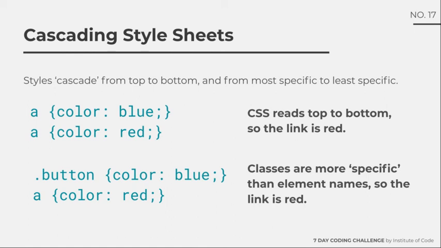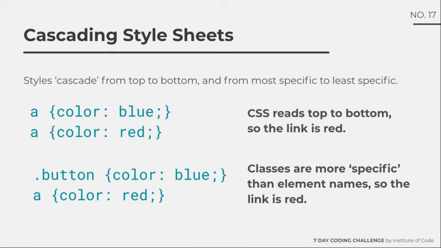So if you're using the same selector, say an element selector, and you write a color blue, and then further down your CSS sheet, you forget that you've written that, and then say a color red, it would be red. So it's read one rule and applied it. It keeps reading down the page, reads a new rule, and then writes that over the top.